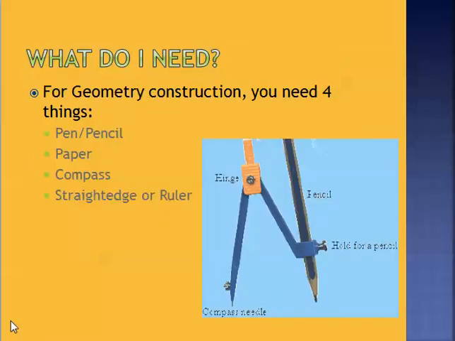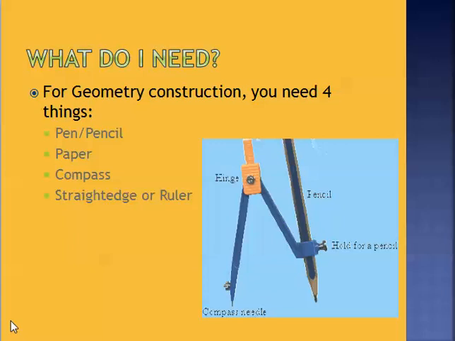So what do you need for geometry construction? Well, you need paper and a pencil. Well, you definitely need paper, but you need either a pencil or a pen. Either one is fine, but I would highly recommend using a pencil in case you make errors. You will also need a compass.